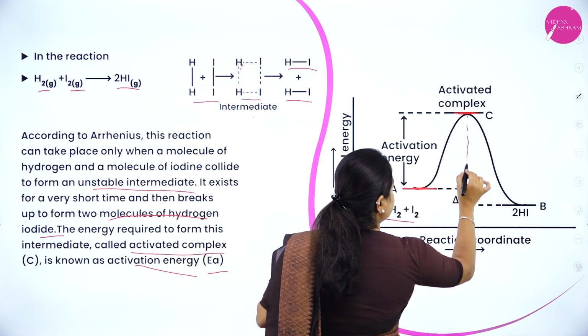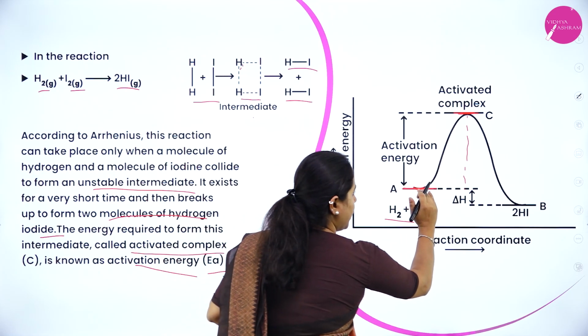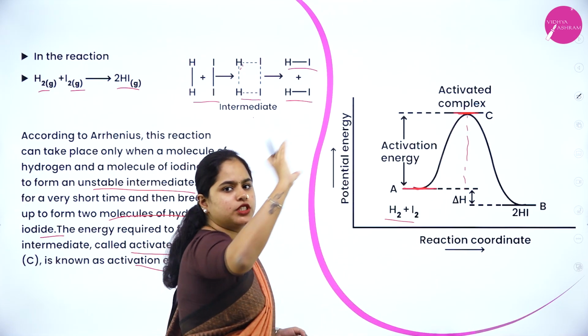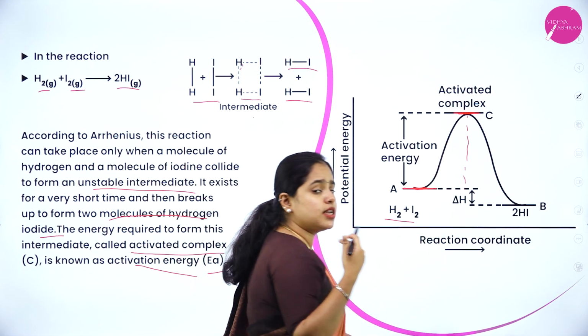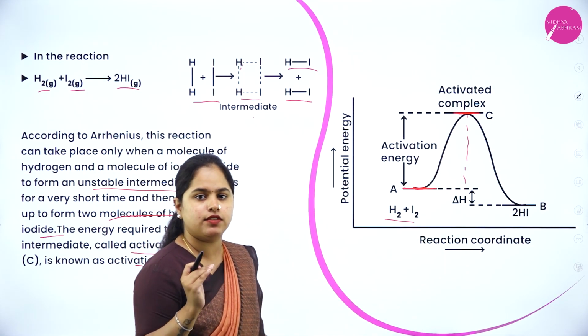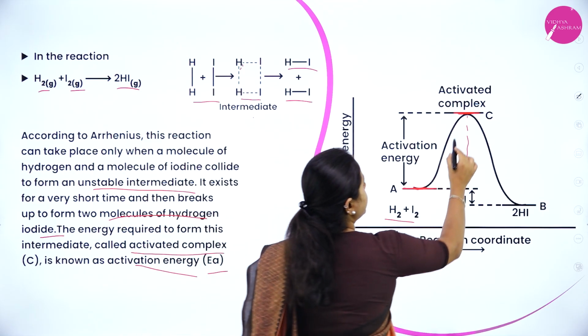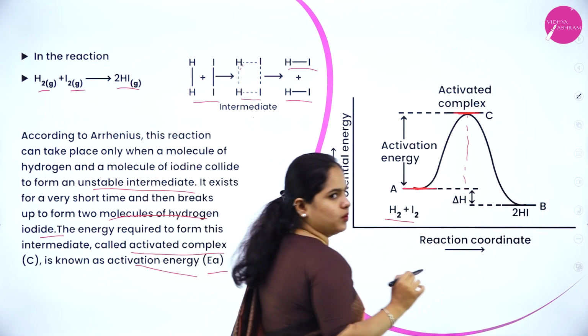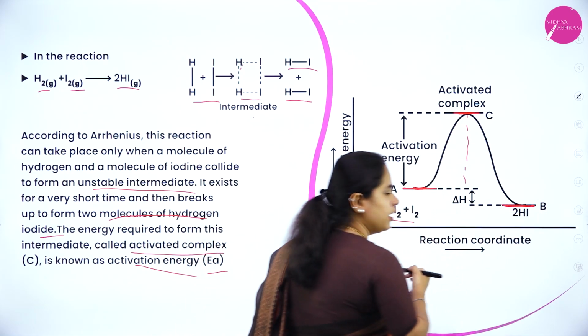This much will be your activation energy, from the reactants to the activated complex. Once this unstable intermediate is formed, immediately the product will be formed. The product, as you can see, 2HI will be formed here.